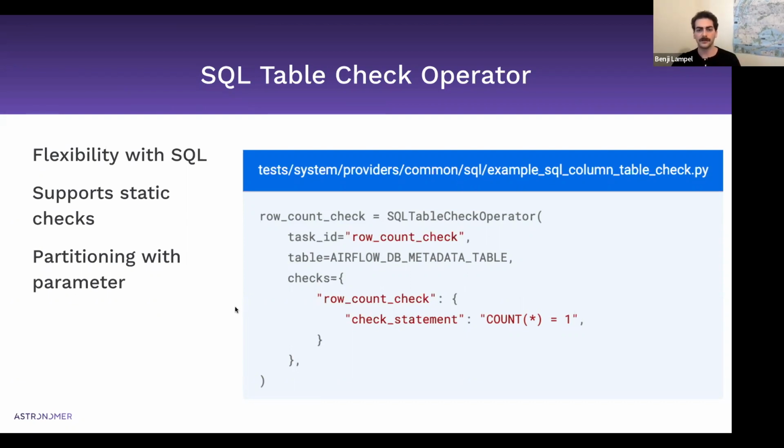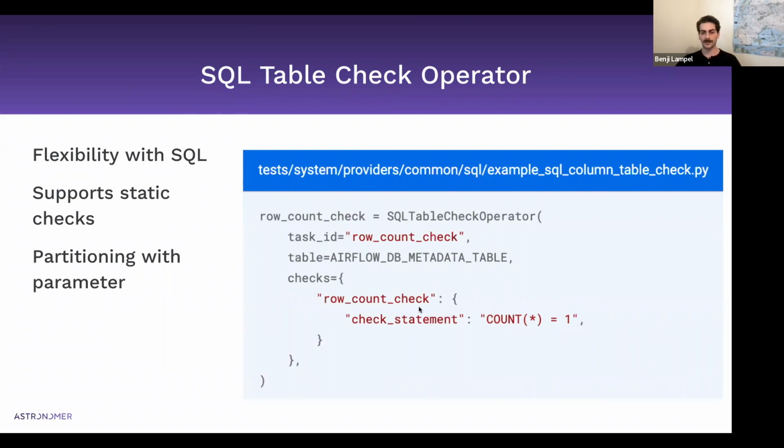And then the other thing to note here is that instead of a column mapping, we have a checks dictionary. And within the checks dictionary, we have custom named checks. So this row count check is something that I wrote in to describe the SQL that's being written as the check statement. And a check statement is the one required and only argument given as a condition under the row count check.